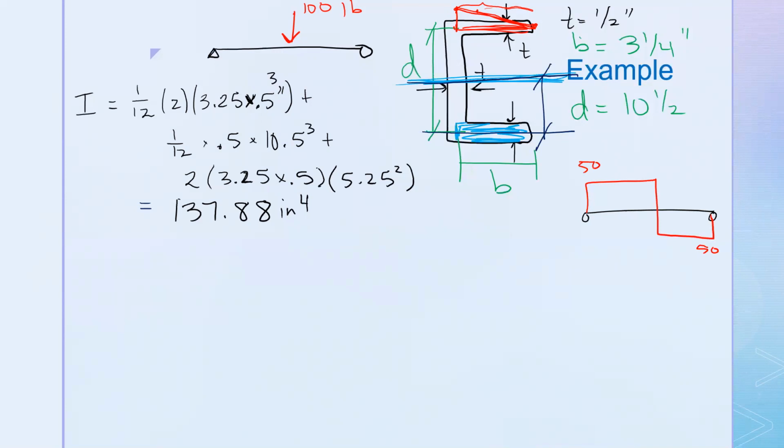Okay, now we need Q, big Q, and we decided that we were going to calculate it so that it pertained to this point here. This is where we want to calculate little q. So big Q then is only going to include that shaded area. That will be our A prime.